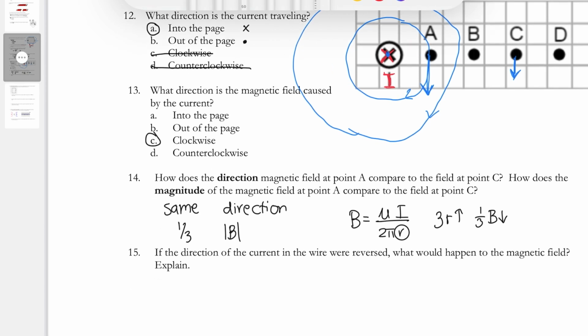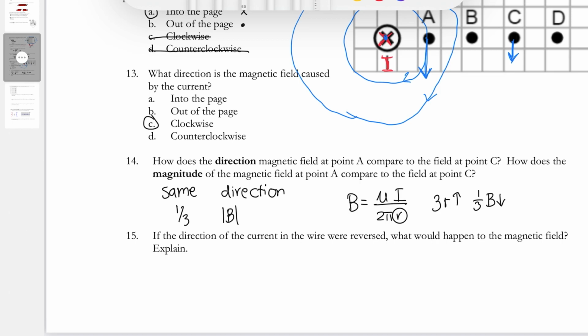If I simply turn backwards the direction of current, reversing it from X's to dots, I'm still going to get a circular shaped field. It's still going to obey the right-hand rule, but try this. Dot means out of the page. So make that right-hand rule with your right hand. Give me a thumbs up. Point that thumb towards your face.